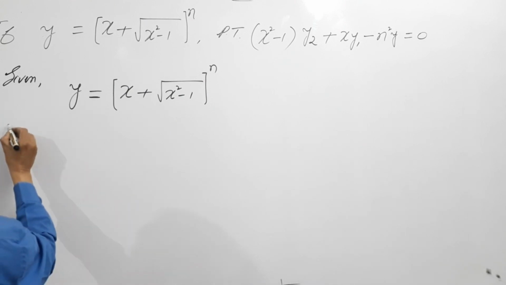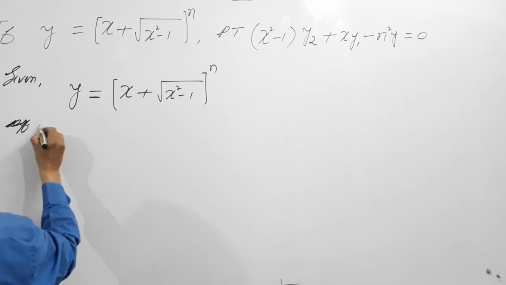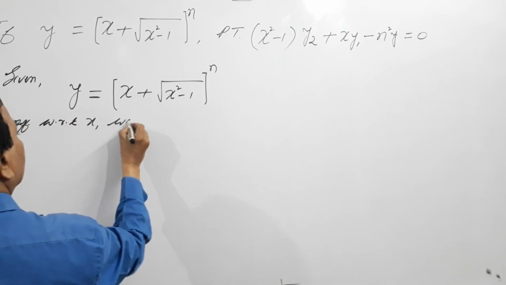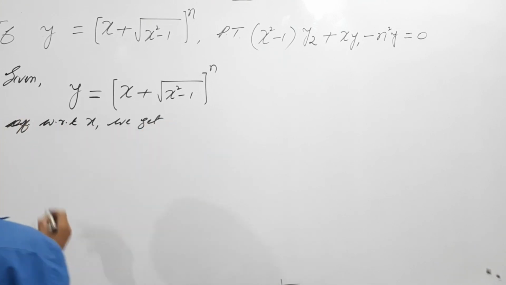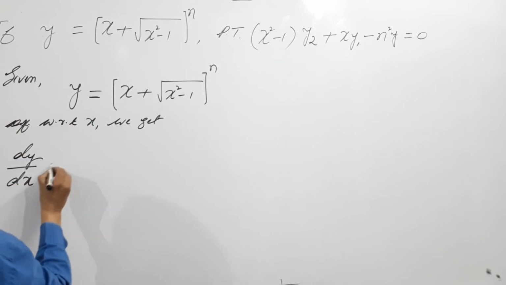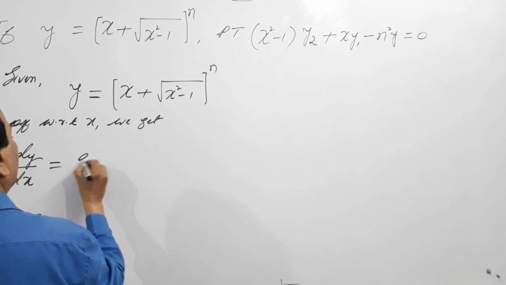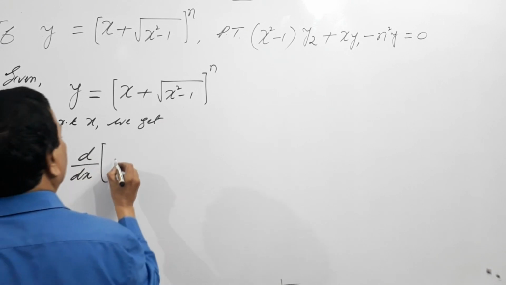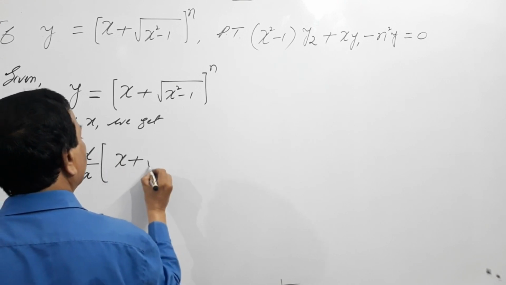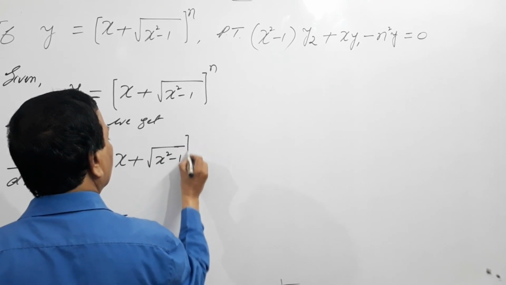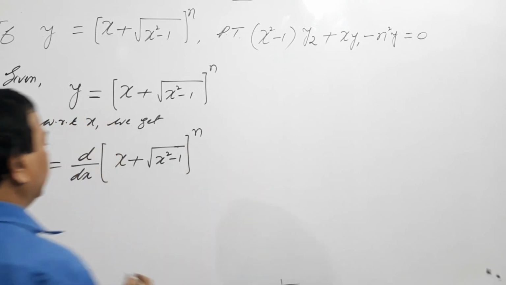So differentiating with respect to x, we get dy by dx equals d by dx of (x plus under the root x square minus 1) to the power of n.